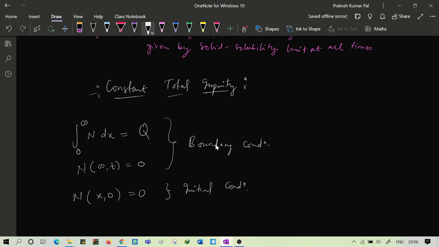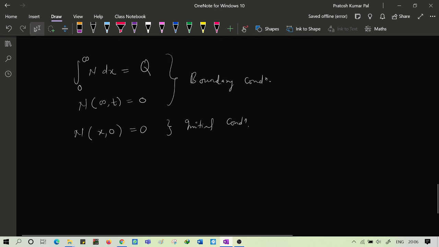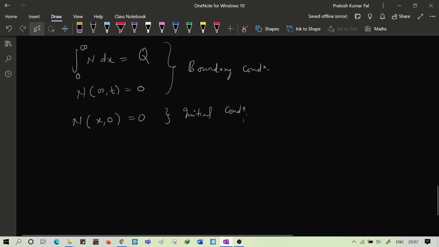So in this case, when a constant total impurity type of diffusion is going to take place, then the concentration of dopant as a function of x and t is given by a Gaussian function. It is given by Q divided by under root pi Dt into exponential minus x square divided by 4Dt.